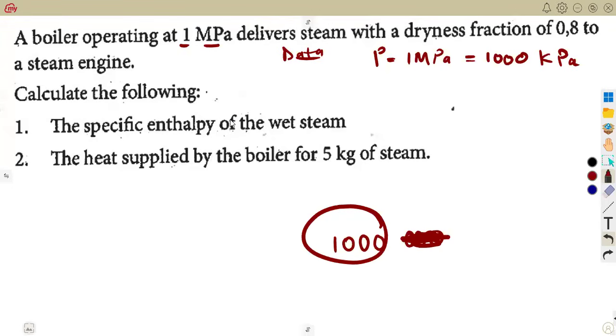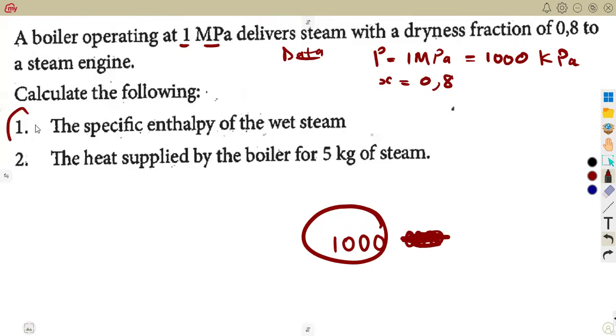The boiler pressure is given, and also the dryness fraction is given as 0.8. The steam engine is operating this way, and it has to deliver steam with the dryness fraction. It delivers to the steam engine.